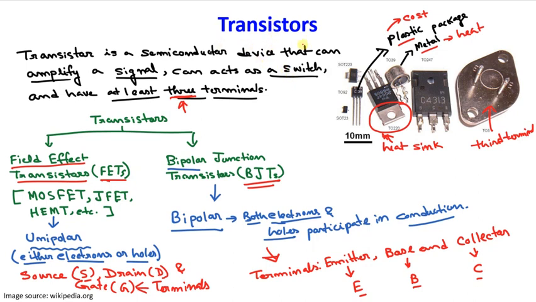So this is a basic discussion on transistors. More details of these transistors, primarily on field effect transistors and bipolar junction transistors, will be discussed in the next consecutive classes.